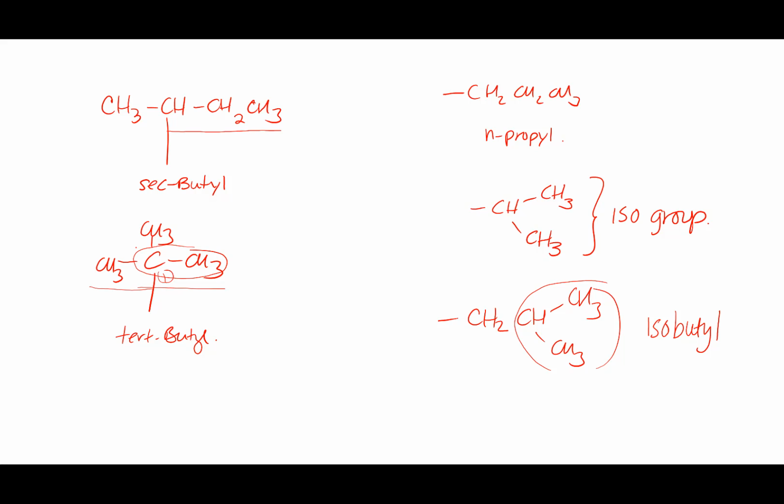But then IUPAC said, no, we're done. We're going to accept these groups as common names that are now IUPAC. So there is no 1,1-dimethyl ethyl group anymore. It's always tert-butyl. And the reason they did that is because their goal is to come up with a system that gives you one name for the molecule, one and only one.